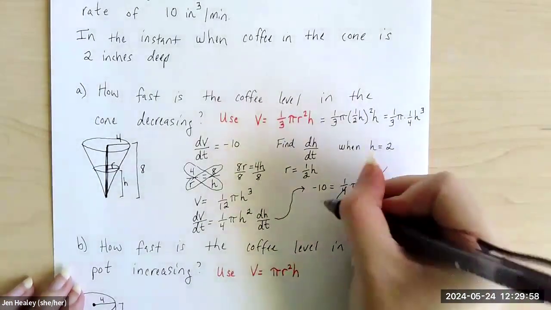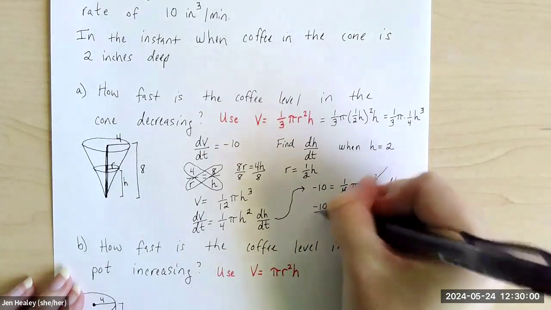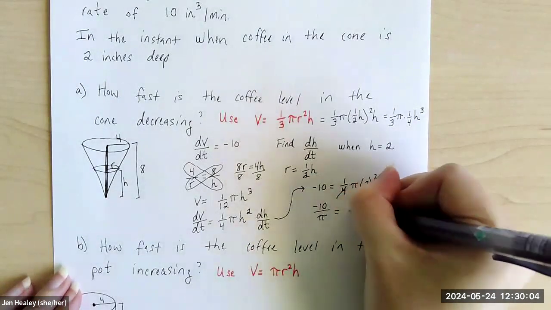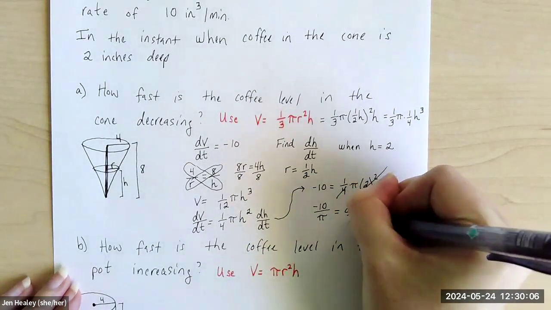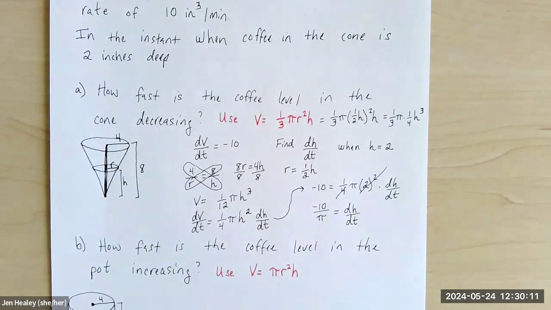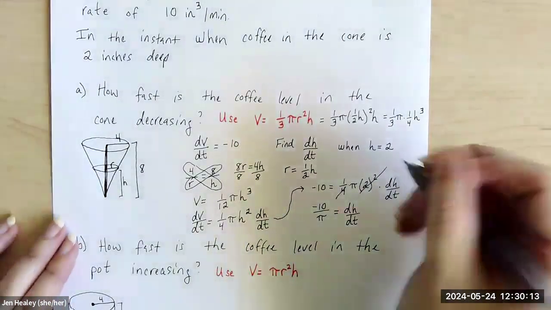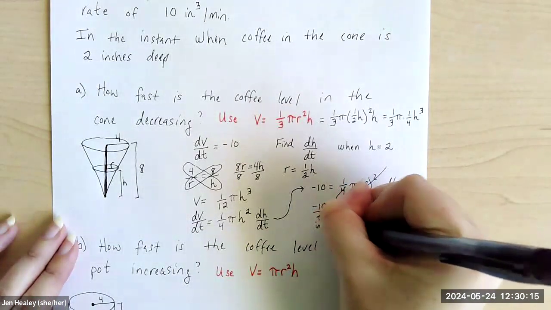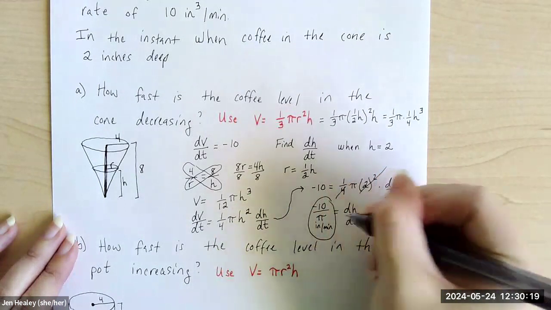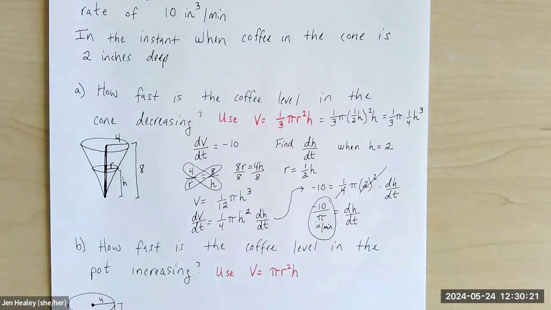So if I divide both sides by pi, -10 over pi is my dH dt. Negative 10 over pi, in this case, my units would be inches per minute. So dH dt is negative 10 over pi inches per minute.